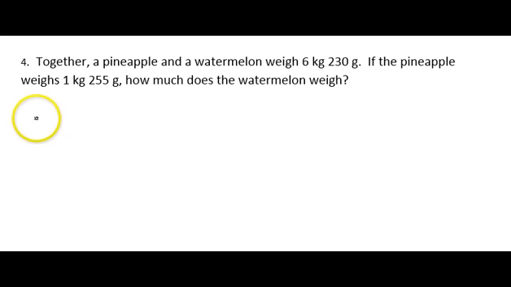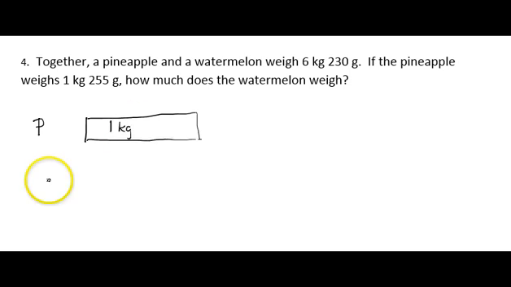So I'll start with the item that I know. I know that the pineapple weighs 1 kilogram and 255 grams. So let's show that tape. So that's 1 kilogram and 255 grams.